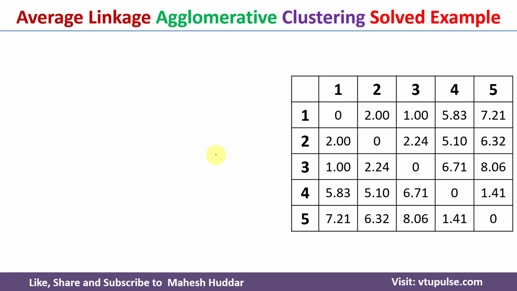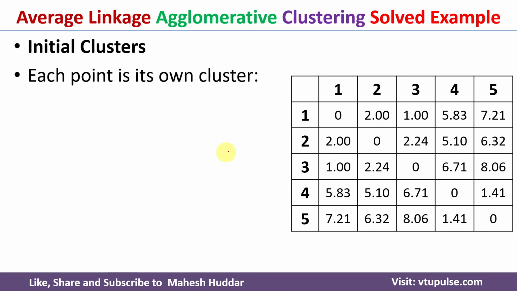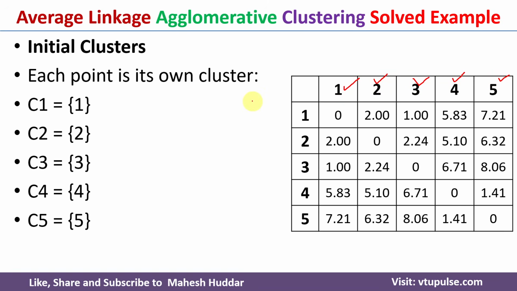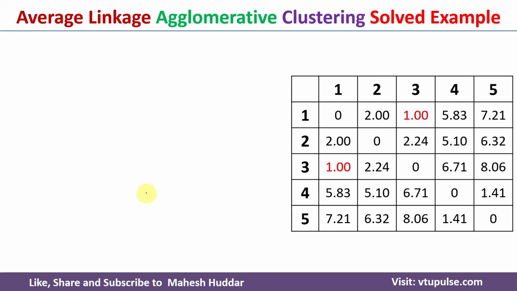In the average linkage agglomerative clustering algorithm, we will consider each data point as its own cluster. So here we have 5 data points 1, 2, 3, 4 and 5. So we will get the 5 clusters as C1, C2, C3, C4 and C5. Next, we need to check which pair has the minimum distance. Here we can see that the pair 1 and 3 has the minimum distance, that is 1.